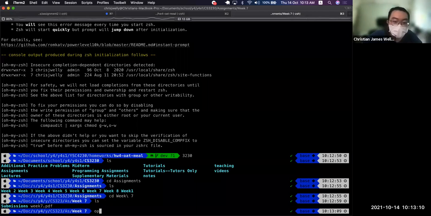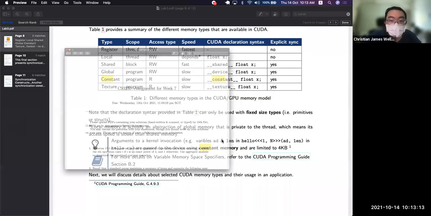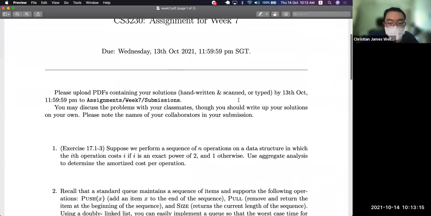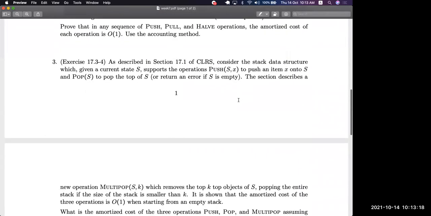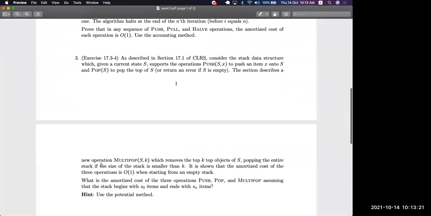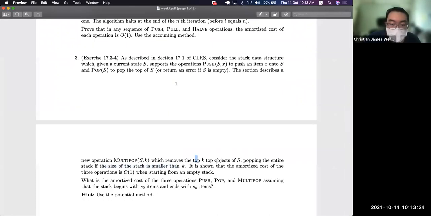Okay, let me recall the question. I know he changed it yesterday, right? Changed it to the total cost. Let me open the question first. Okay, so yeah, it says here, if the size of the stack is smaller than k, then pop the top k objects.